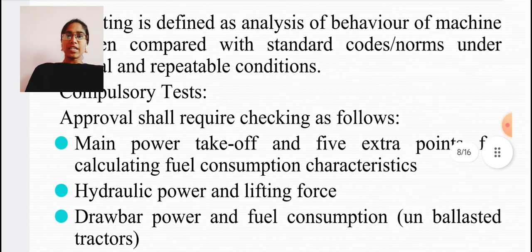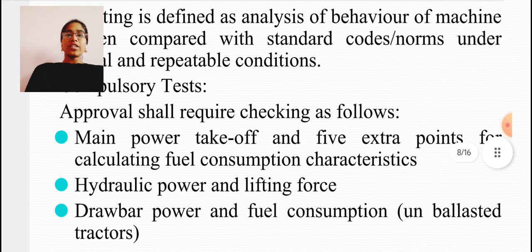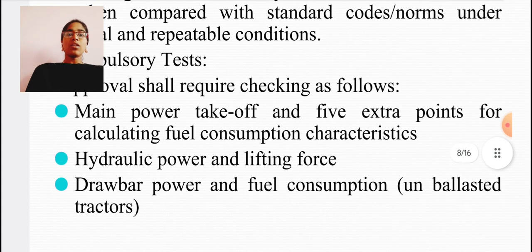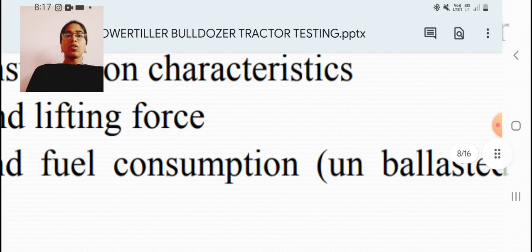There are many tests, and mainly we have to check the compulsory tests, the three important points required. First of all, the power takeoff and fuel consumption characteristics are to be checked, then hydraulic power and lifting force, and then drawbar power and fuel consumption before giving the code.